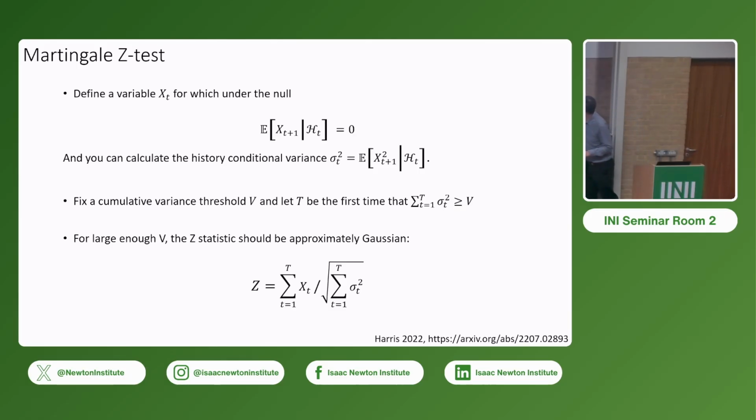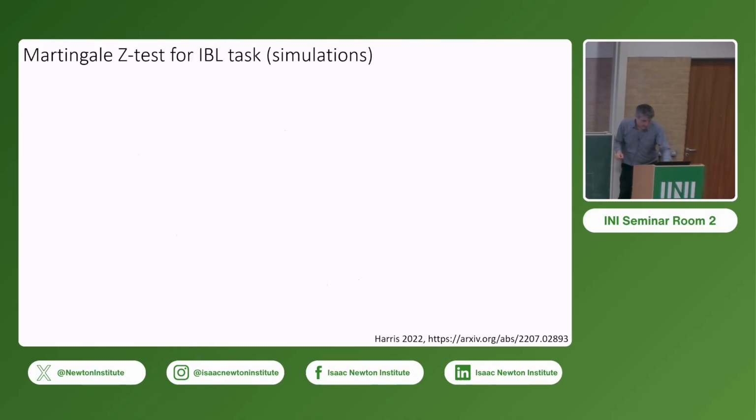But if instead you fix a variance threshold and you say, I'm going to stop when the cumulative conditional variance exceeds a predetermined threshold, and this is large enough, then you define this z statistic, and it should be approximately Gaussian, so you can use a z-test to test whether this is true. And so that gives you an approximate test in the case where you only have conditional randomization, not full randomization.